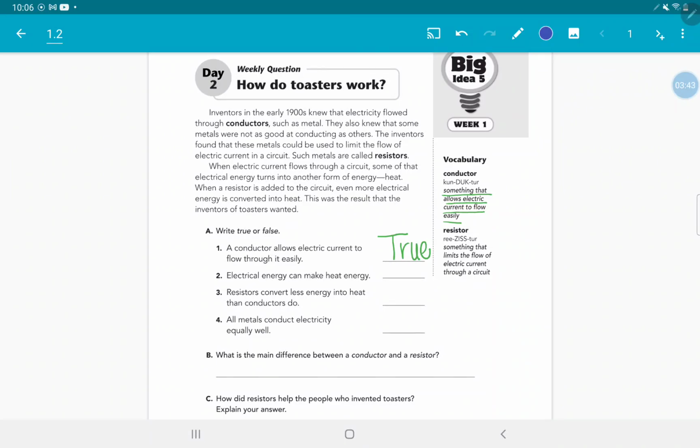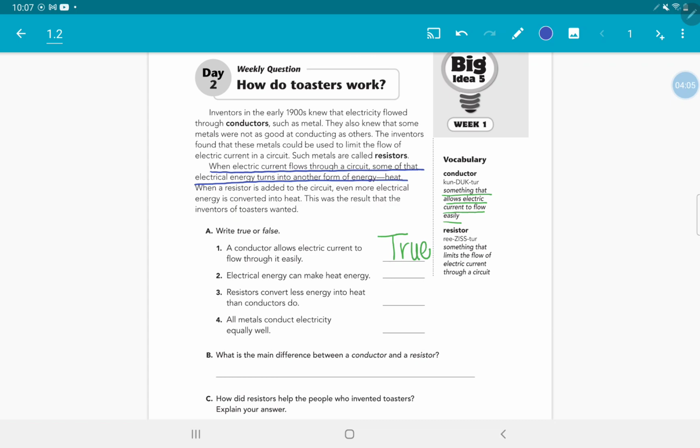Go back up to your passage and find the sentence that tells us that electrical energy can make heat energy. Braylee, what is it? It says when electric current flows through a circuit, some of that electrical energy turns into another form of energy, like heat.